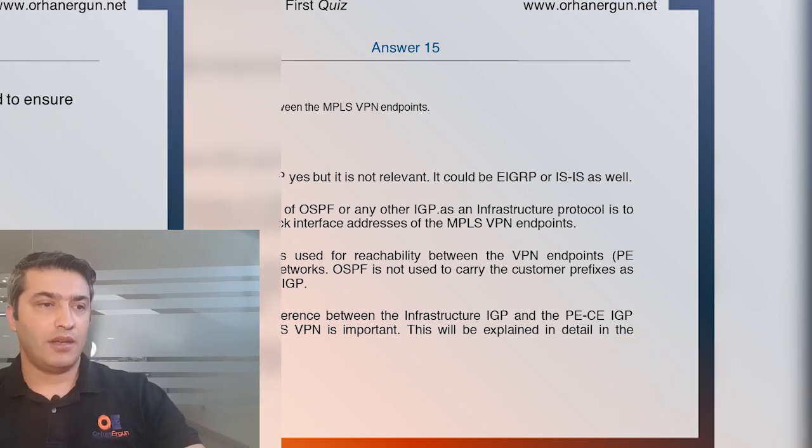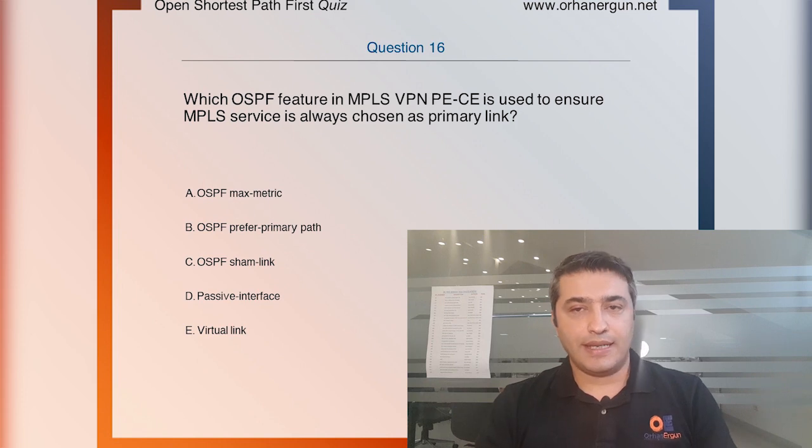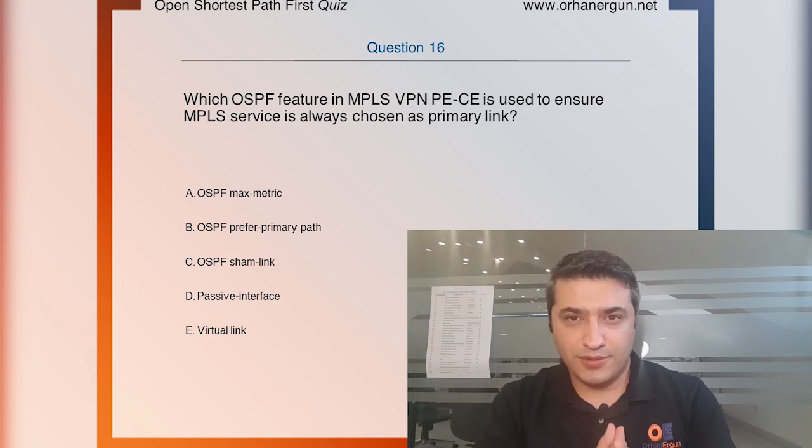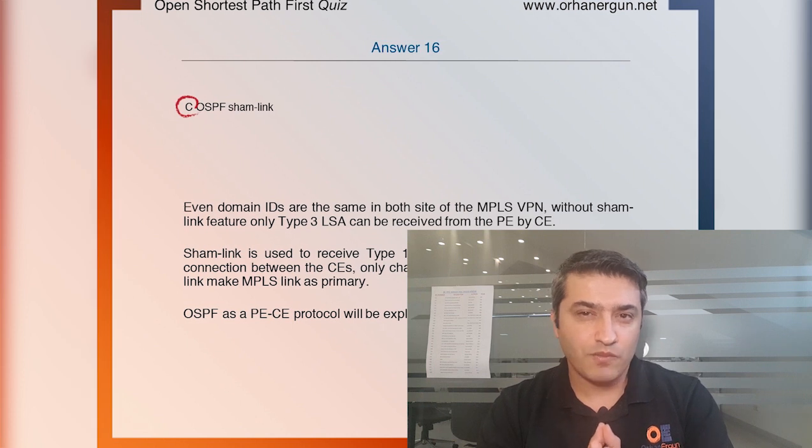We know that. Which OSPF feature in MPLS VPN PE-CE is used to ensure the MPLS service is always chosen as the primary link? Yes, many of you now probably know the answer. Yes, it is sham link, but let's talk about it a little bit, right?